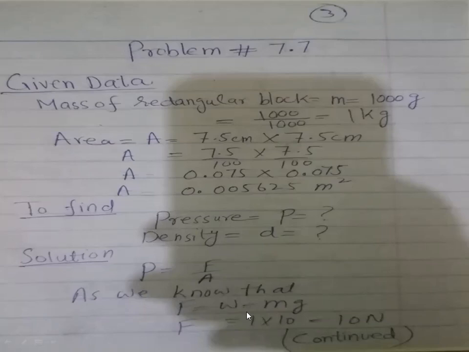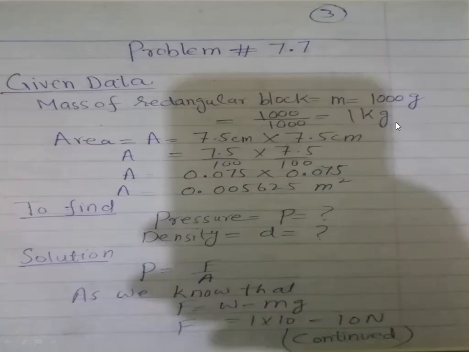We don't have a force given, so first of all, we find the force with the help of this formula: F is equal to W, and W is equal to mg. Since we are not given a force in this numerical, we find it using this formula.